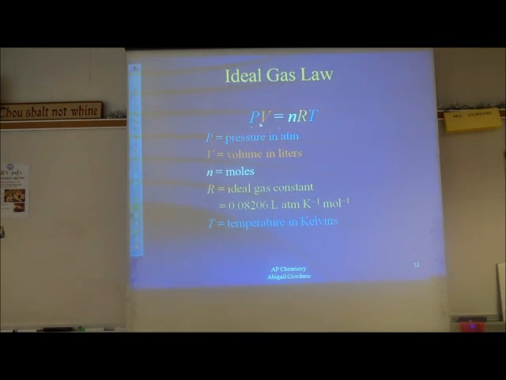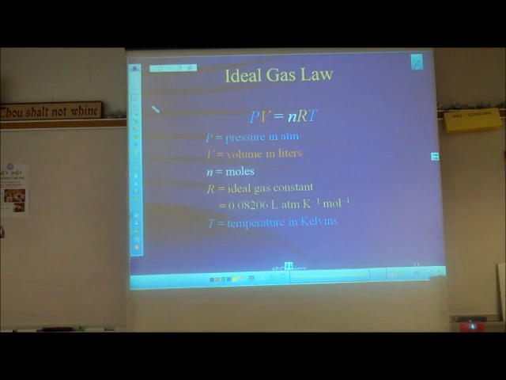Okay? So, for example, if you're given a pressure in atmospheres, this is the value for R that you would use. How do you know that? Because you see atmospheres as part of this unit. The other one that you're probably familiar with, if your pressure is in kilopascals, do you remember what the value for R is? 8.314.